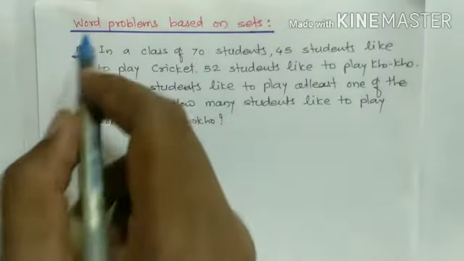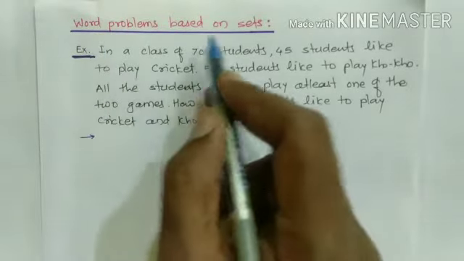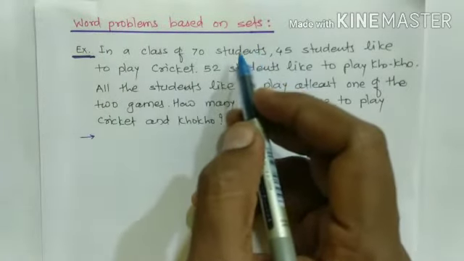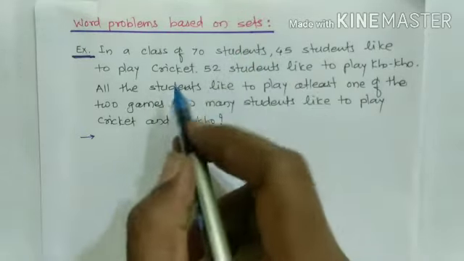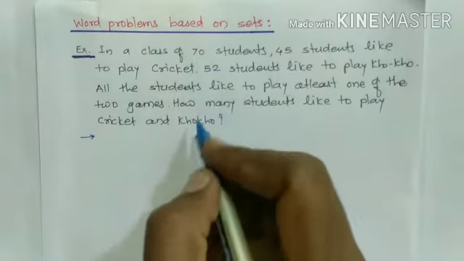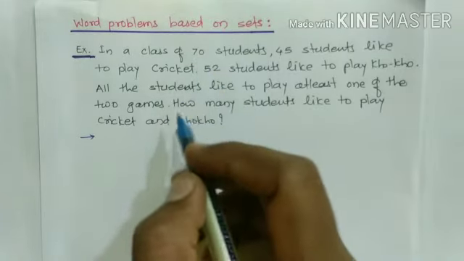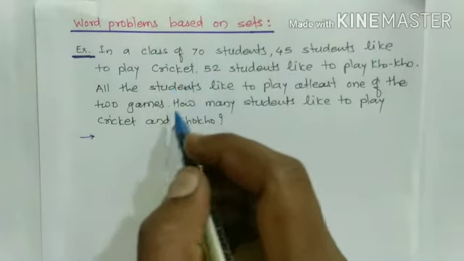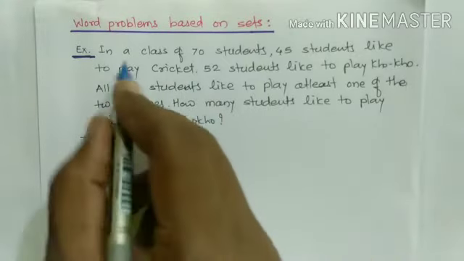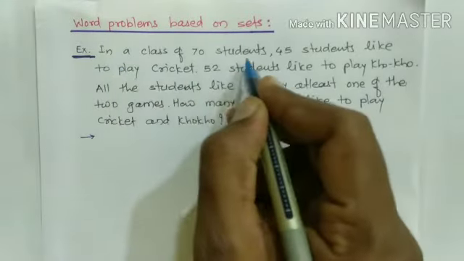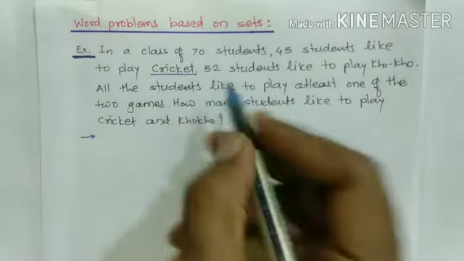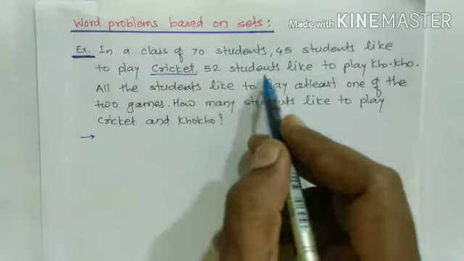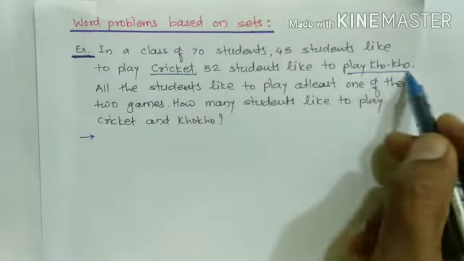Now we are going to solve the word problems based on these sets. Here one example is given in our textbook. The solved example is given, but this is one of the most important examples from our textbook. That's why first we have to solve this example. Here in a class of 70 students, 45 students like to play cricket. Then 52 students like to play Kho-Kho.